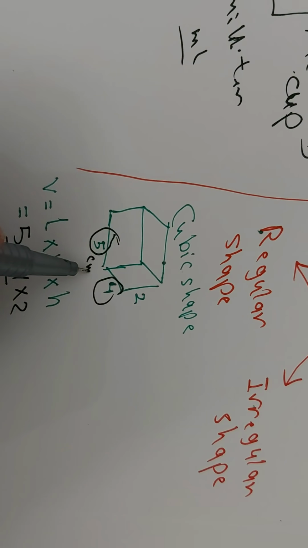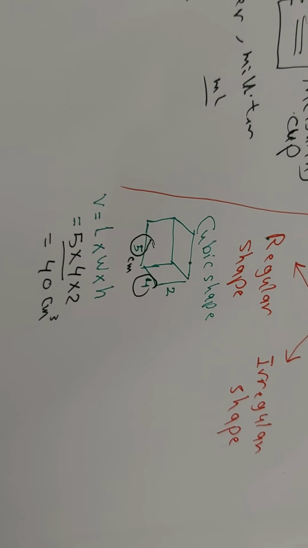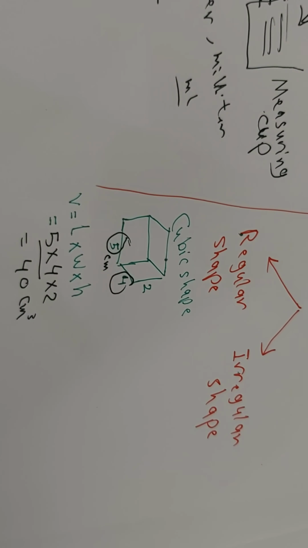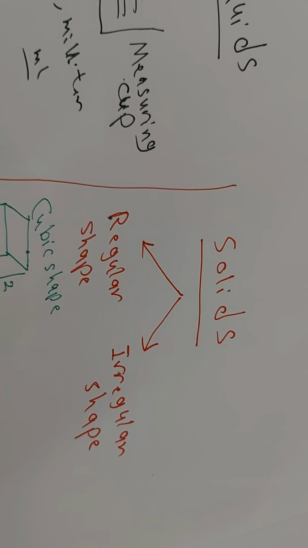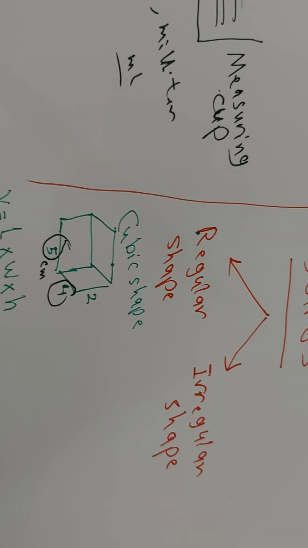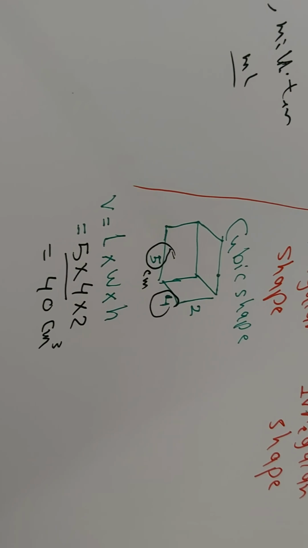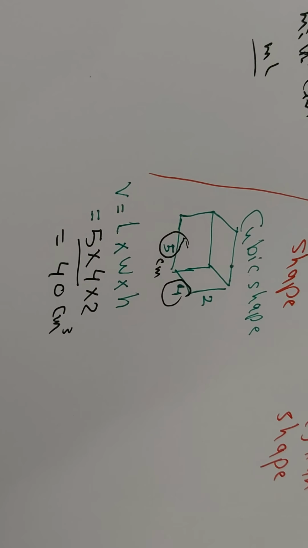If the unit is centimeter, it will be cubic centimeter. So to find the volume of solids with a regular shape like a cube, we use length multiplied by width multiplied by height.